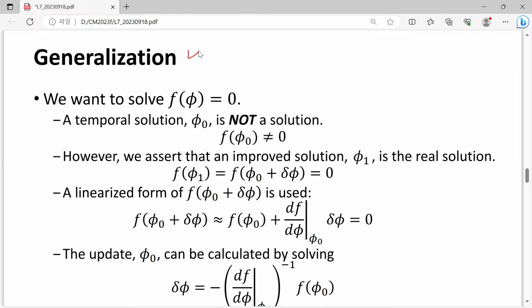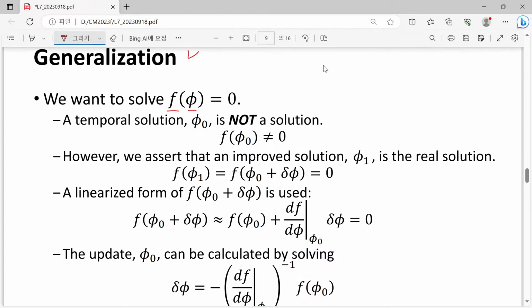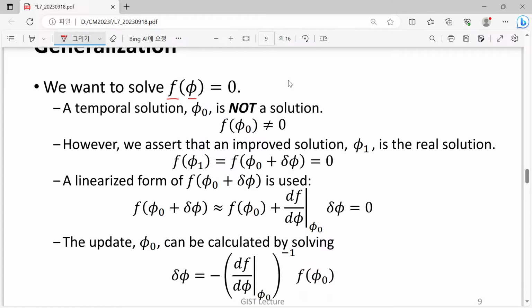This generalization slide can be an answer to his question. So let's say that instead of a given equation, we now consider a general function of phi, so f of phi. F of phi can be anything, any known function. So now let me just follow the slide.